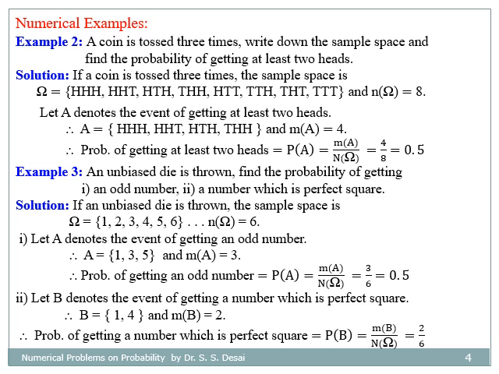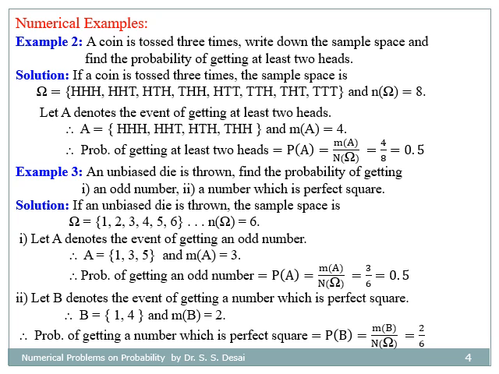The third example is related to throwing a die, and the problem is like this: an unbiased die is thrown. Find the probability of getting an odd number, and second, a number which is a perfect square. In throwing an unbiased die, the sample space will contain 6 points.